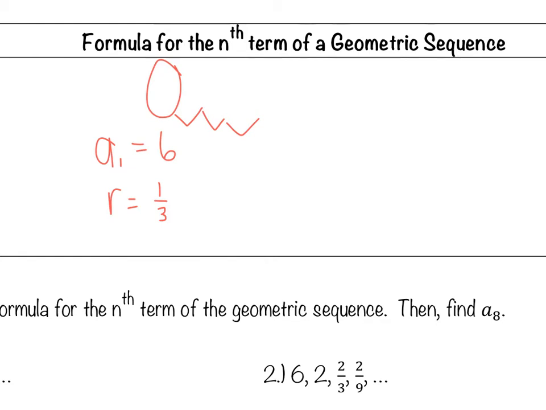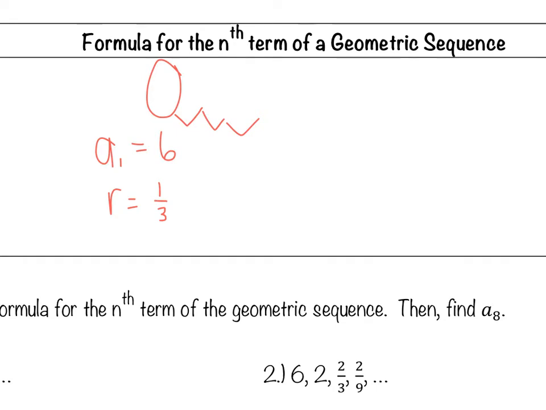Whatever you're dividing by every time, it'll be 1 over that. So just be careful when you're doing that, because this one's not being multiplied by the same amount. Here we're dividing by 3 every time, so it's actually a ratio of 1/3, because the 3 is in the denominator.